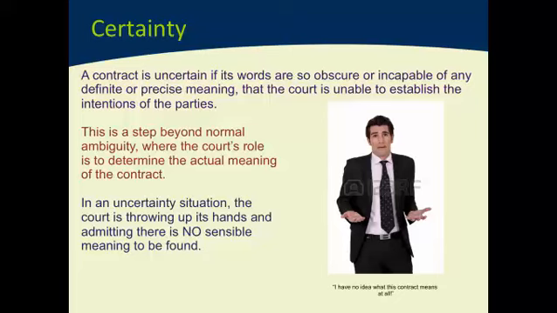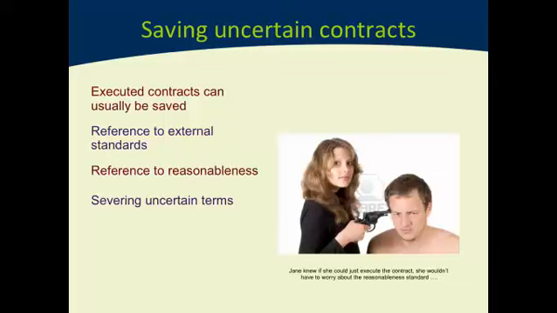So what does a court do if you've got an uncertain contract? A lot of the time, in fact, most of the time, the court is going to try to find a way to save the contract. I mean, in essence, the court is going to look at the two parties and say, here are two parties who tried to make a contract.